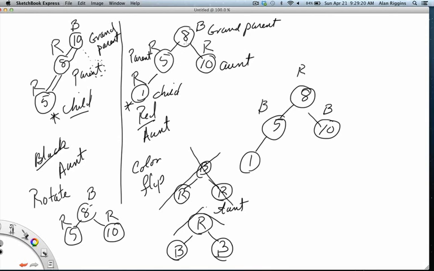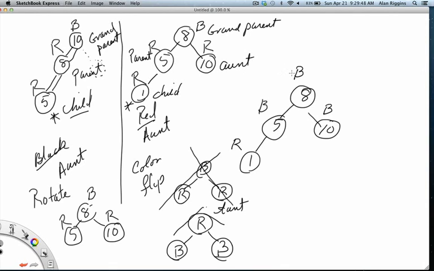We've toggled them. This was black, it's now red. This was red, it's now black. This was red, it's now black. So we toggle the 3 colors. This, of course, was red and it stays red. So we have done a color flip. Now in this particular case, the 8 is the root node and it cannot be red. Therefore it turns back to black.